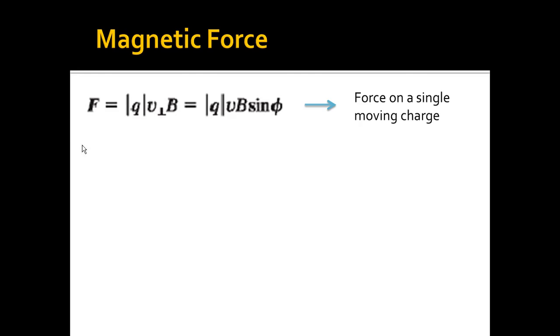But if the magnetic field and the velocity are not directly perpendicular to each other, then we simply compute the component of the velocity that is perpendicular to B. This component is the only part of the velocity that influences the amount of force experienced by the charge. This formula enables us to compute the force experienced by a single moving charge.